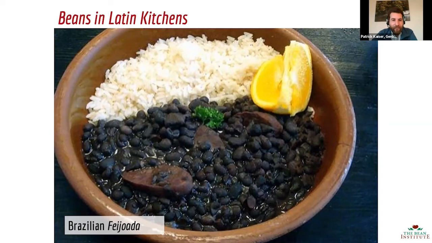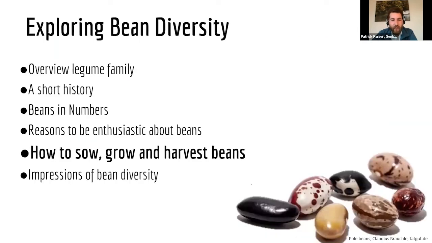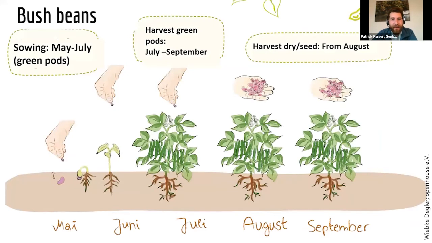And shortly coming to the point of how to sow, grow, and harvest beans. For those who are already doing it in our gardens, it's a really good thing to do, because fresh beans and also the diversity of dry beans can't always be bought from the shop.